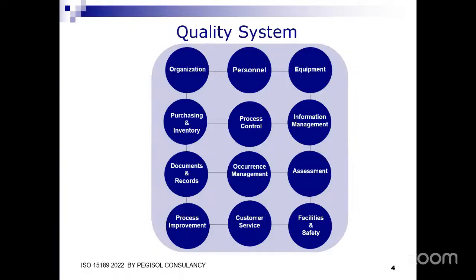If you don't understand this, check the module I shared on the forum, the introduction to quality management system, or Module 1, to understand the quality system essentials: organization, personnel, equipment, purchasing and inventory, process control, information management, document and records, occurrence management, assessment, process improvement, customer service, and facility and safety.